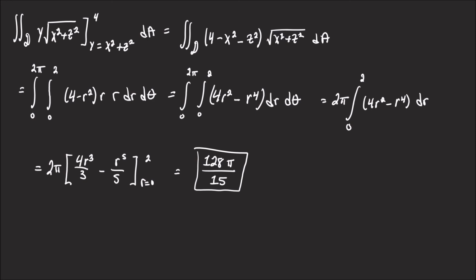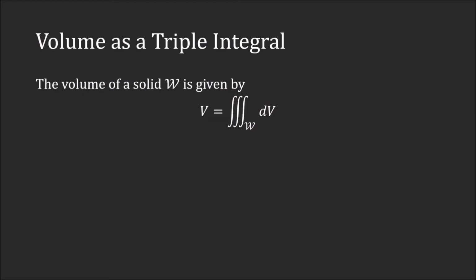Now, just as we could use double integrals to express an area, we can use triple integrals to express a volume. So the volume of a solid W is given by V equals the triple integral over W of just dV. And again, just as with double integrals, we can express the average value of a three-variable function as a triple integral.